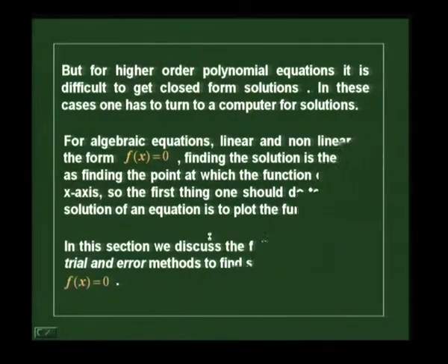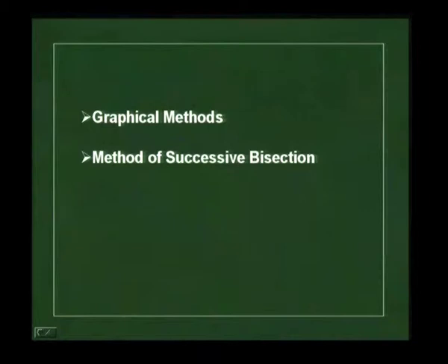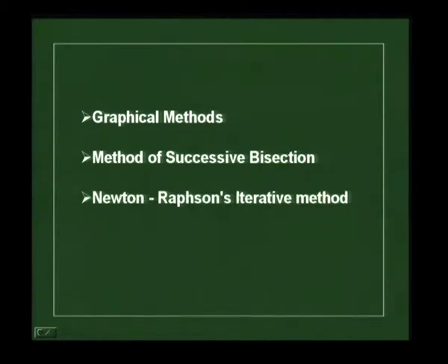So, numerical methods to solve them are absolutely required, and we said that there are 4 different methods to achieve this goal: graphical methods, method of successive bisection, Newton-Raphson's iterative method and secant method. In fact, all these methods are iterative except the graphical method, in which you could simply plot a function and then look at the zeros, or where they cross the x axis.